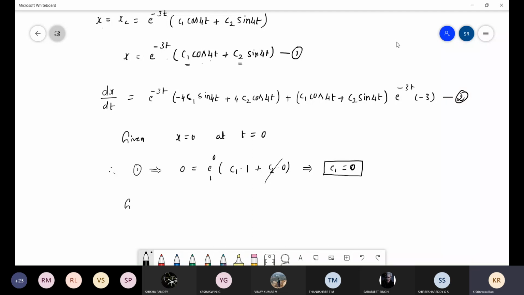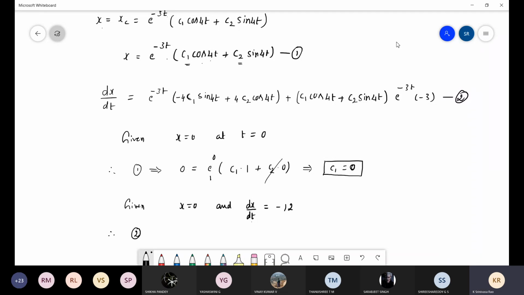Now another value is given: x equal to 0, and dx by dt is minus 12. So dx by dt means it is the second equation.